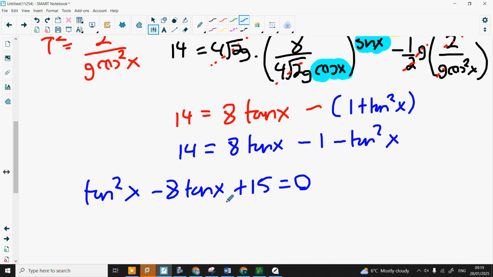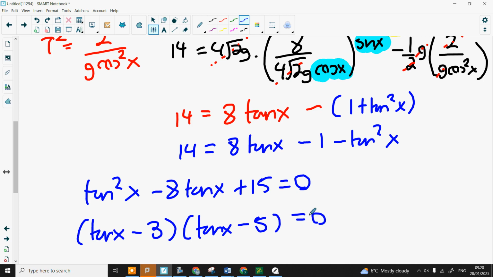Anyone know how to finish this off? What type of equation is that? It's actually a quadratic. So if you were to factorise that, it'd be tan x minus 3 and tan x minus 5. And there's two answers. Tan x equals 3, which is the shallower throw. And tan x equals 5, which is the higher throw.